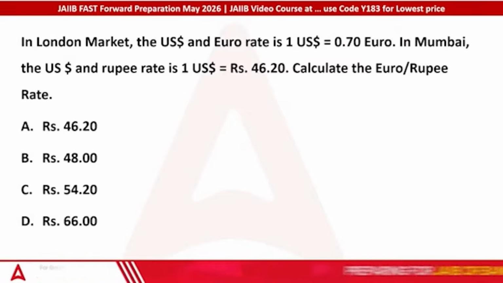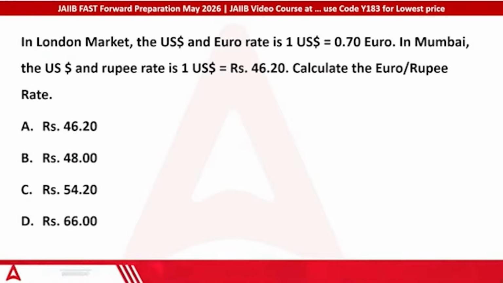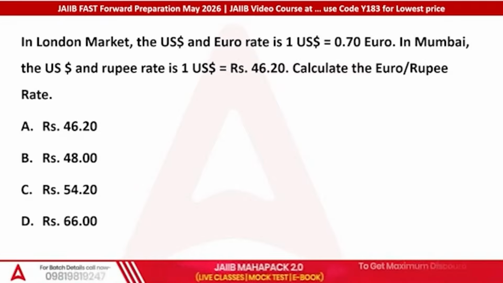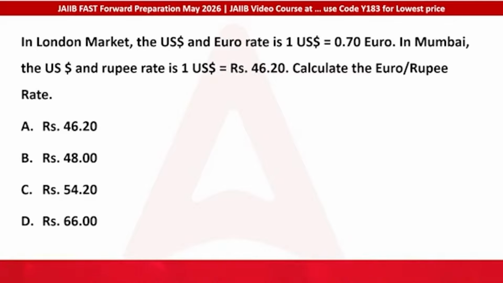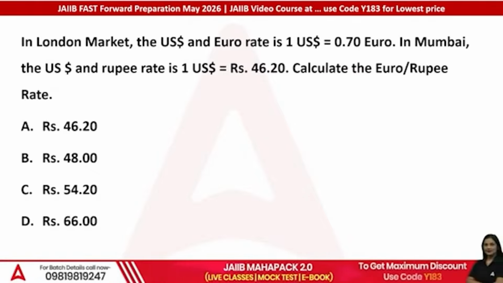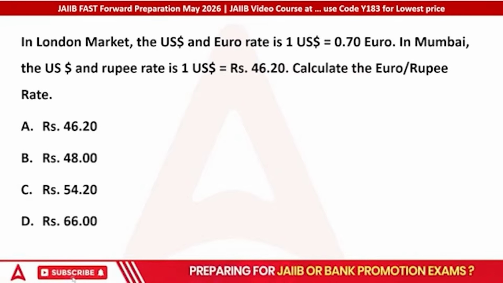Then, in the London market, the US dollar and euro rate is $1 equal to 0.7 euro. In Mumbai, the dollar and rupee rate is $1 equal to rupees 46.20. Calculate the euro rupee rate. What would be the right answer?